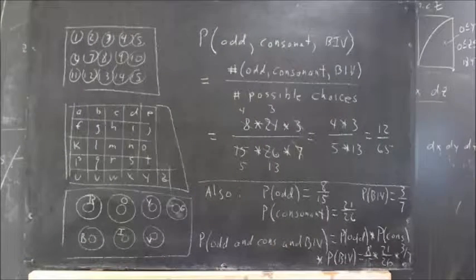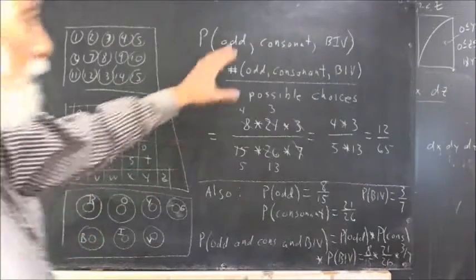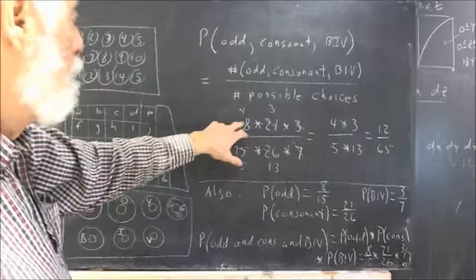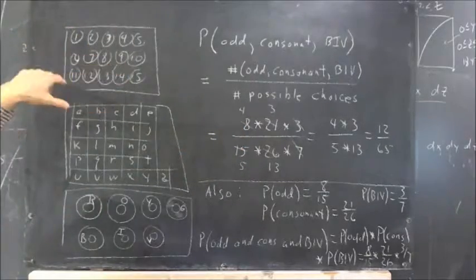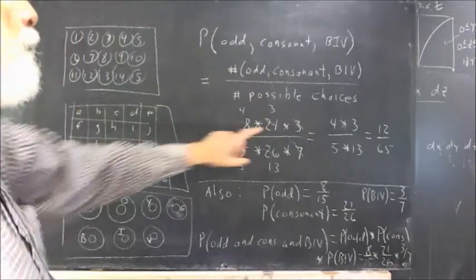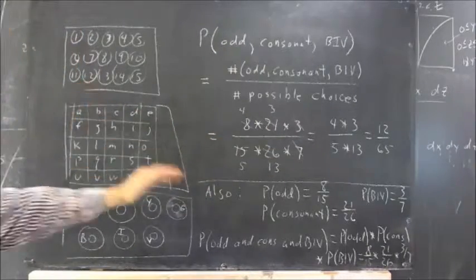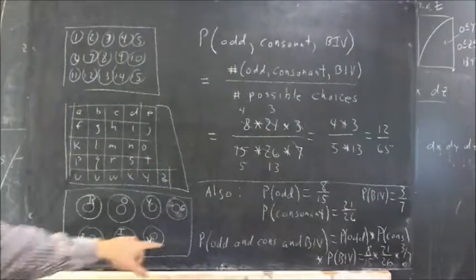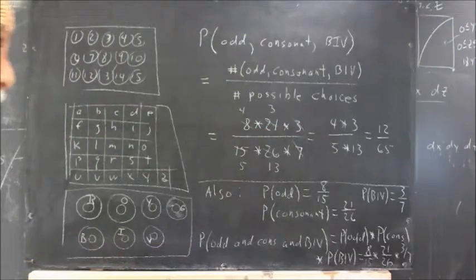So the number of ways we can get an odd, a consonant, and a blue, indigo, violet will be the product. 8 for the 8 possible odd numbered balls, 21 for the 21 tiles with consonants, and 3 for the 3 rings with the desired colors.